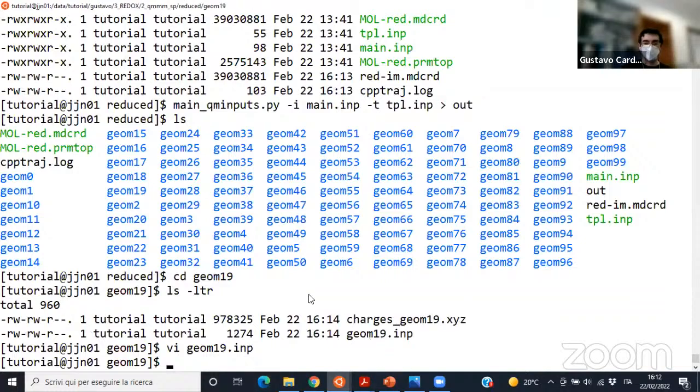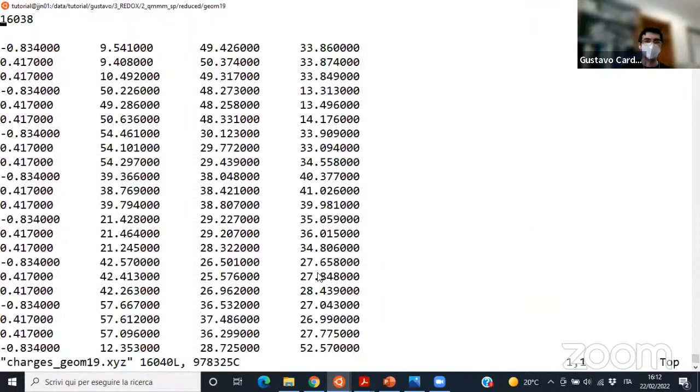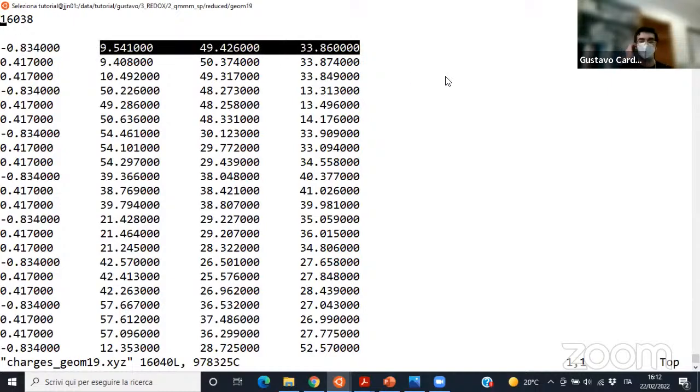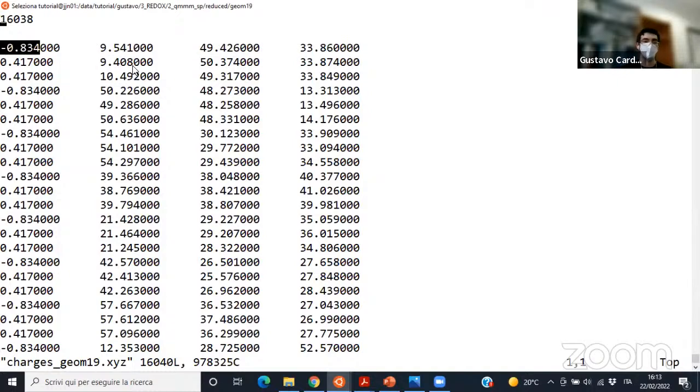Which is here. To complete this, we can take a look at it. The first column should be the point charges. So this is point charge number 1, and then the XYZ coordinates of that atom. Remember that each point charge here represents a specific atom in the MM region.